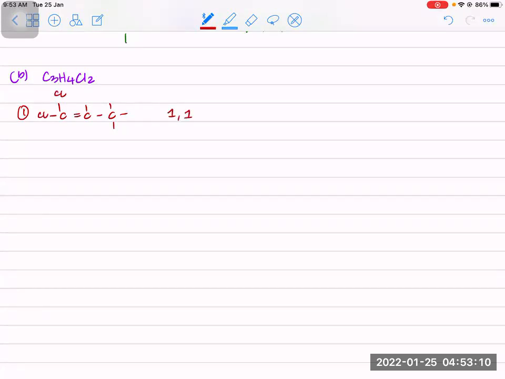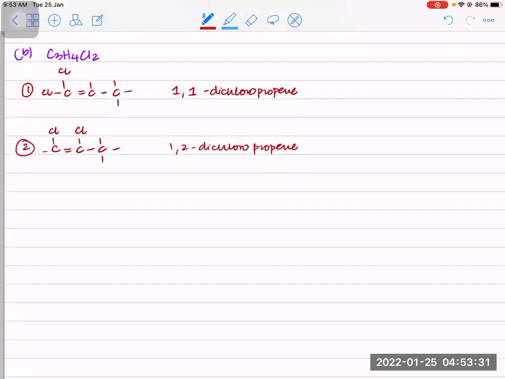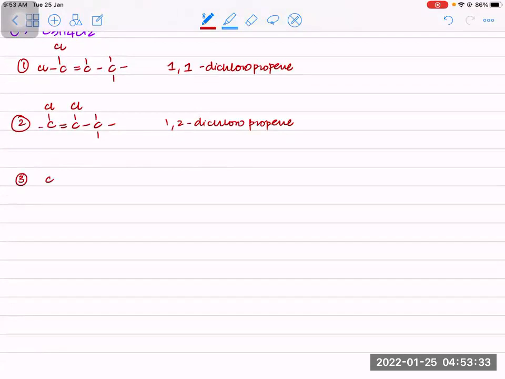This is what? 1,1-dichloropropene. Yeah? Then we can have 1,2-dichloropropene. You can't have 2,2-dichloropropene. Do you understand that? Then you can have 1,3-dichloropropene. Yes.